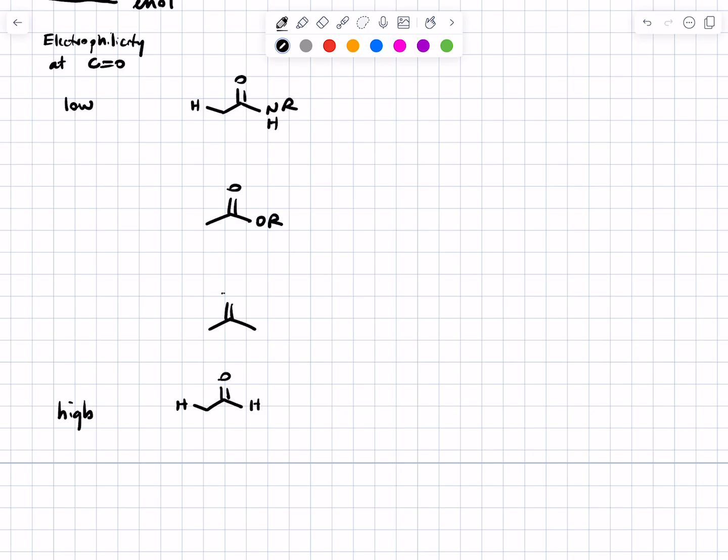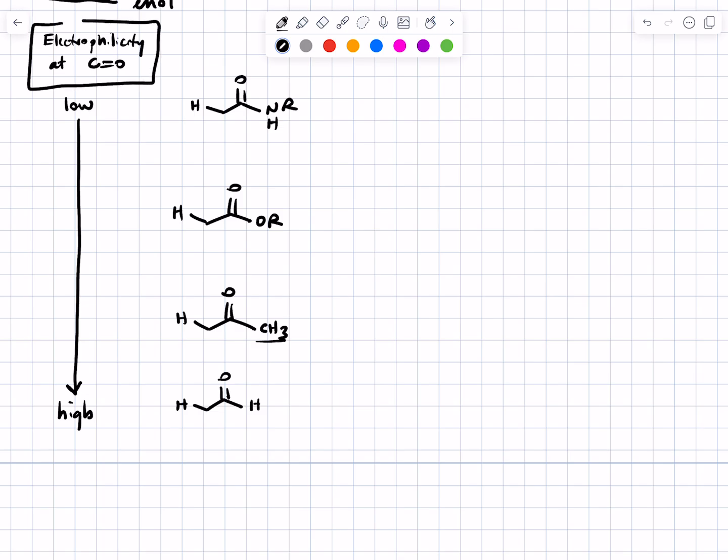And ketones end up being a little bit less electron poor than aldehydes because ketones have adjacent alkyl groups which can donate electron density into the carbonyl carbon via an inductive effect, whereas aldehydes lack one of those alkyl groups. Okay, so we've arranged these molecules from low reactivity to high reactivity, and I'm talking about electrophilicity at the carbonyl carbon.